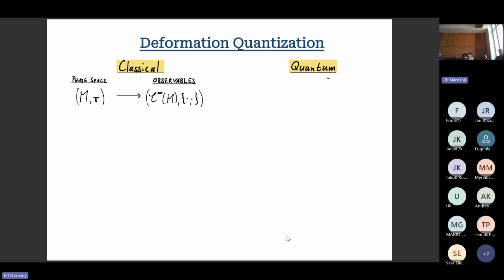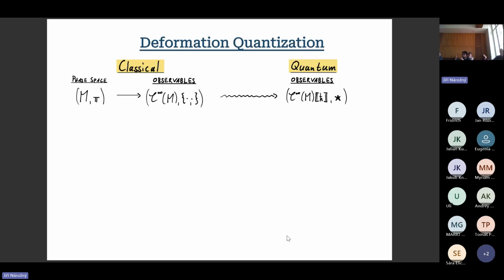Now, in deformation quantization, the idea is, this is the classical commutative algebra of observables, and the quantum algebra of observables should be something non-commutative. So let's try to deform the classical algebra a little bit in such a way that it becomes non-commutative. We want to go to the quantum observables, and I only want to talk about formal deformation quantization.